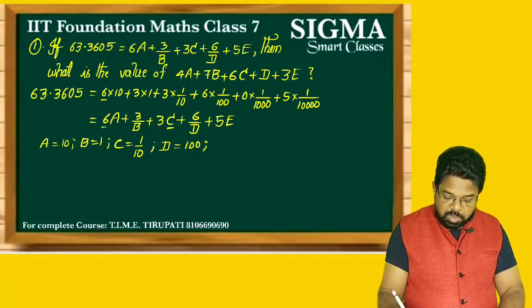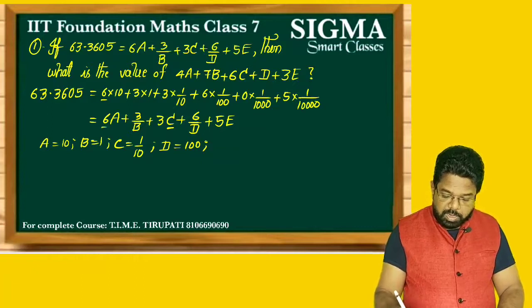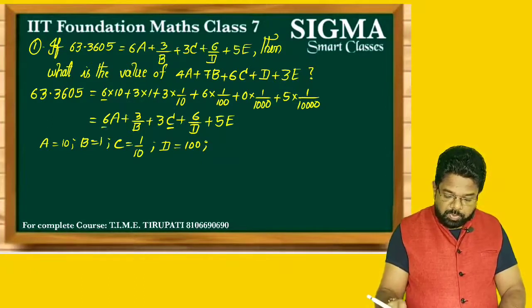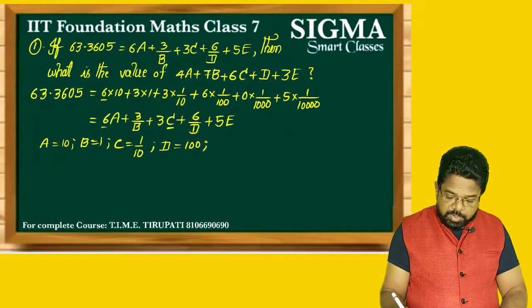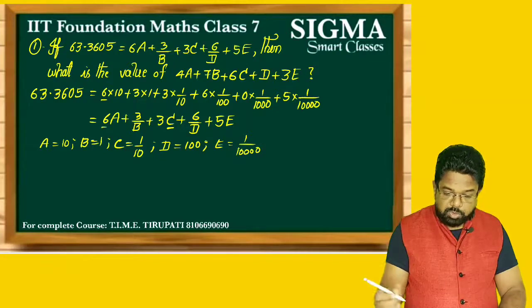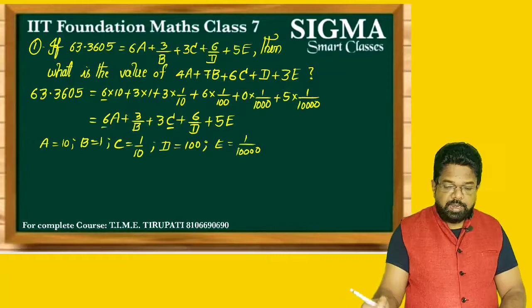Now here 5e, and we have 5 into 1 by 10,000, so e equal to 1 by 10,000. So these are the values of a, b, c, d, e now.